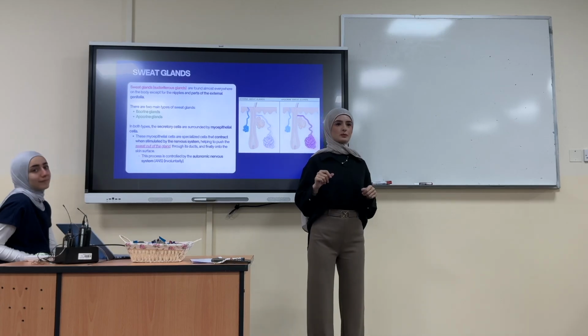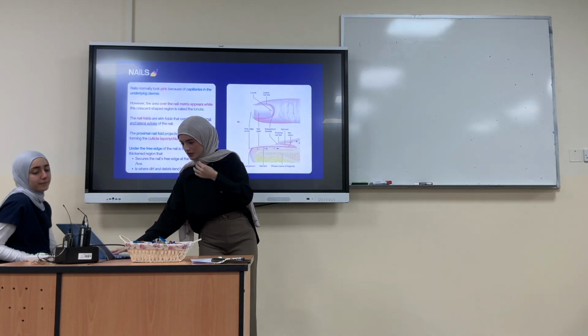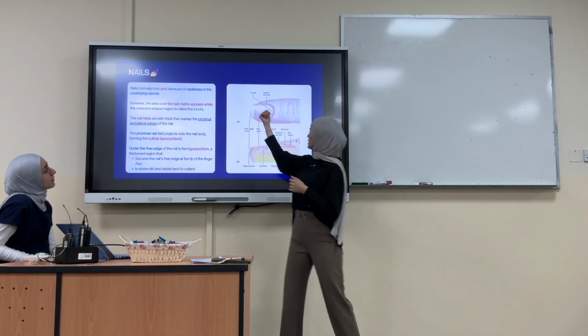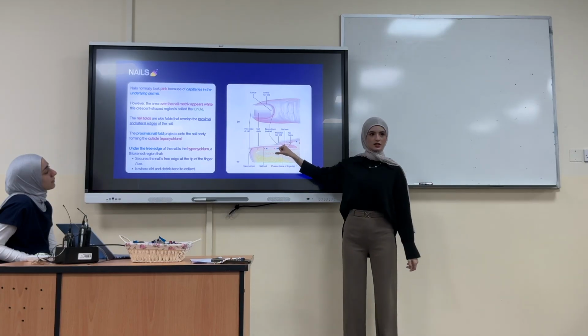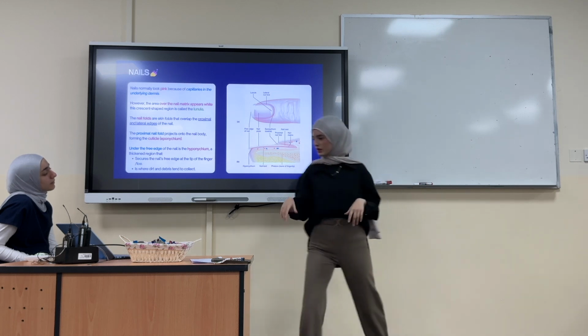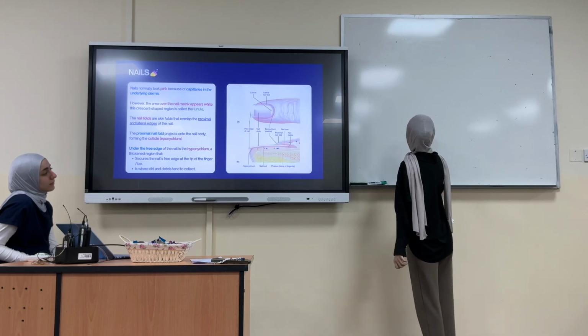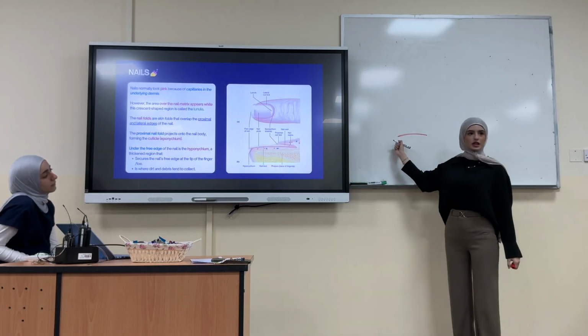Can you just repeat why the free edge is white and not pink? It's not the free edge. It's the part over the matrix. So you see the nail matrix is here. The superficial part, the part that I can see, corresponds to the area of the matrix. This is under your skin, that is your nail matrix.